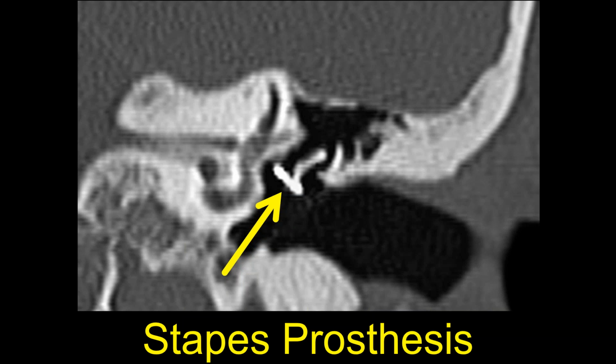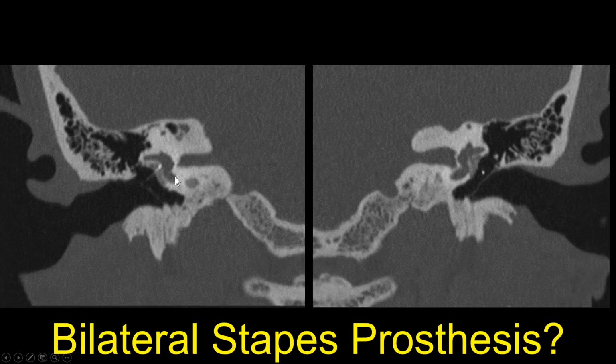So this is a case with bilateral coronal CT images, and we're at the level of the duck head. The head of the duck is the vestibule, the beak is the lateral semicircular canal, and the neck is going down to the basal turn of the cochlea. So we should be at the oval window, and we see abnormal bone that is a little bit less dense than the normal otic capsule. The otic capsule, the normal bone around the vestibule and the cochlea, should be very dense, as dense as any bone in the body.